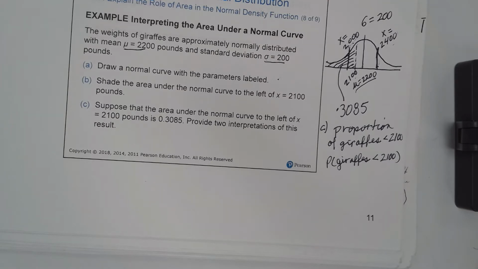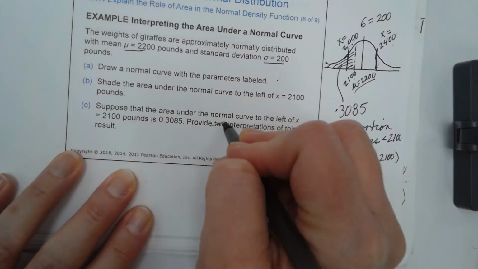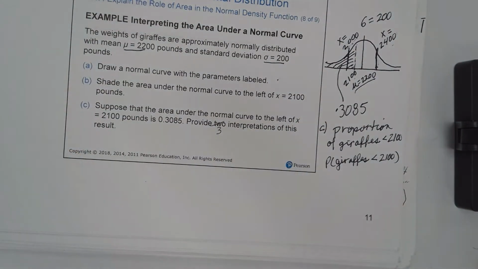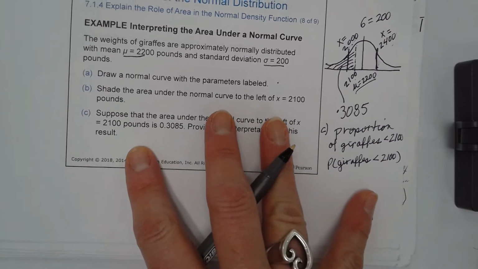Then shade the area under the normal curve to the left of 2,100 pounds. And then suppose that the area under the normal curve to the left of 2,100 pounds is 0.3085. Provide, I'm going to say not 2, but 3 interpretations of this result. Okay? All right. So I did part 1 over here.